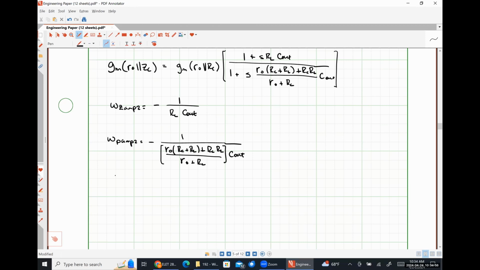So we know how the amplifier portion of this thing works.